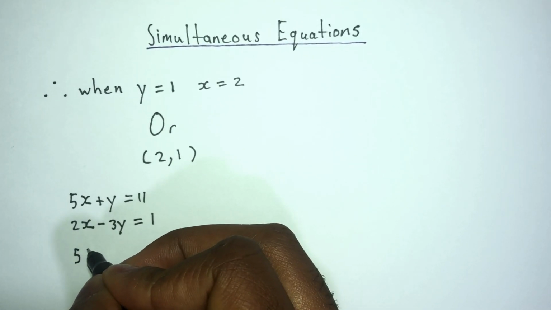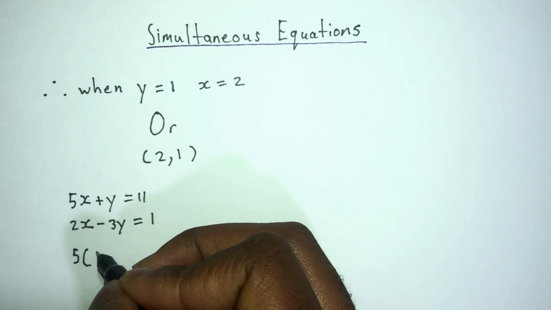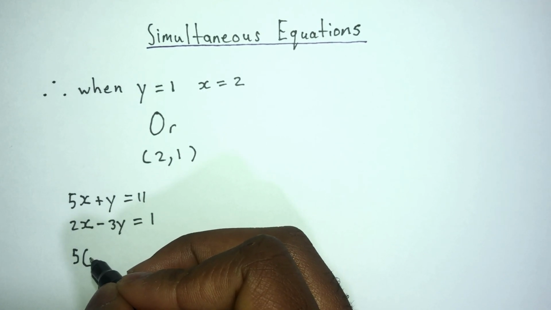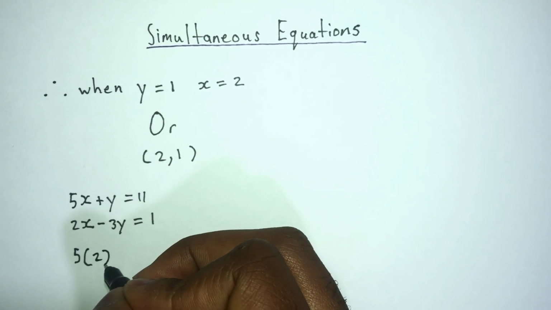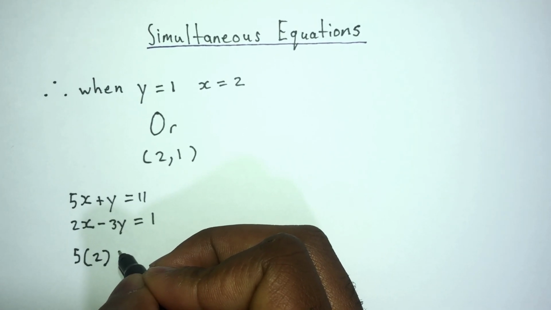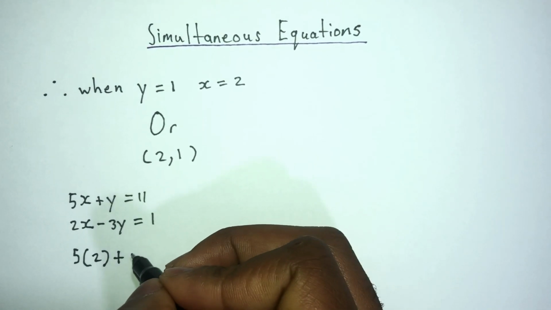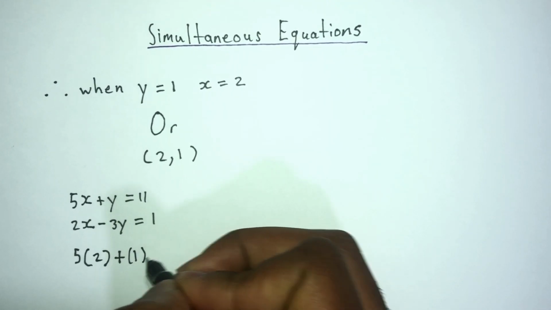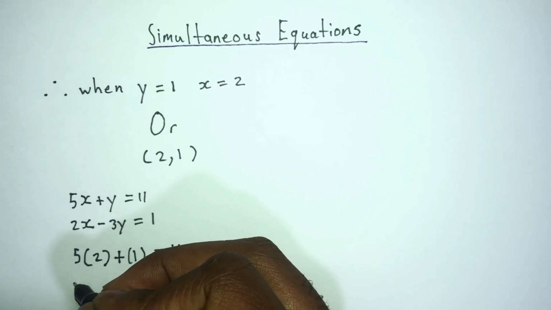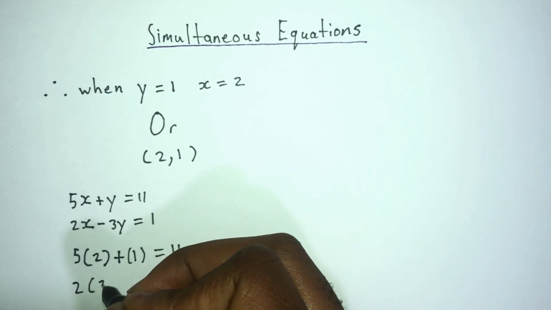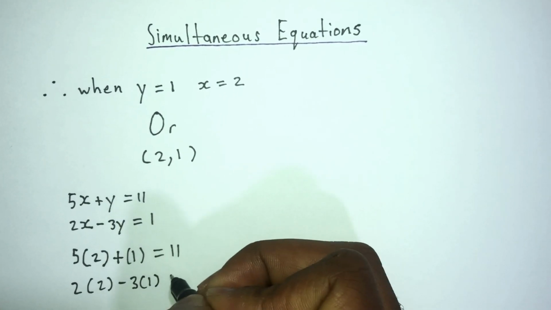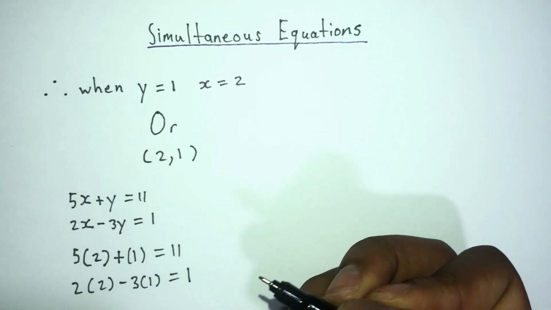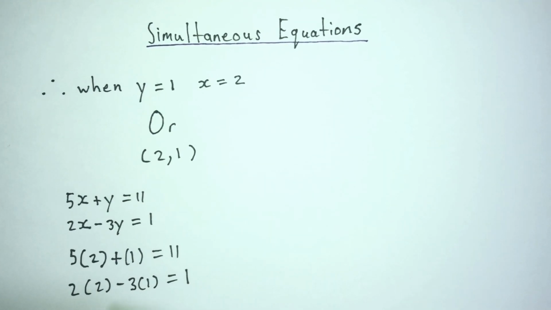So inputting our values, we have 5 times 2 plus 1 equals 11. 2 minus 3 equals 1. So go ahead, pause the video and check if our values are correct.